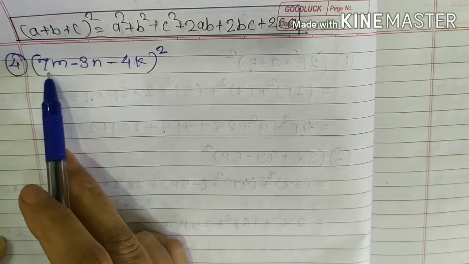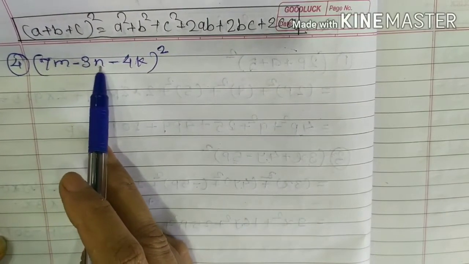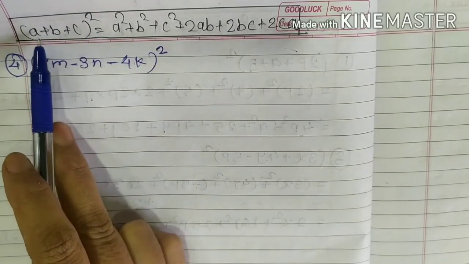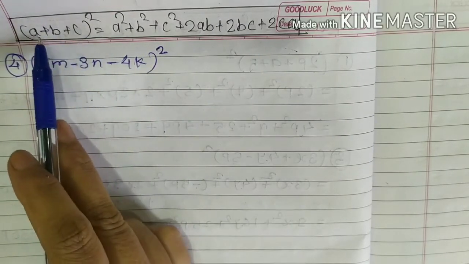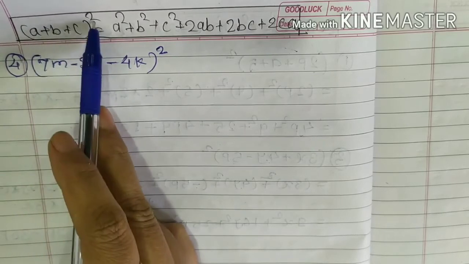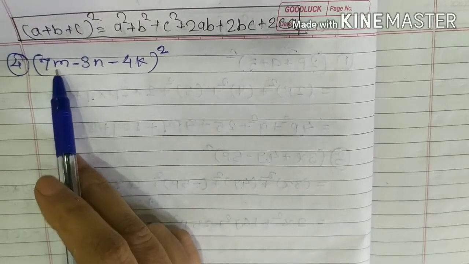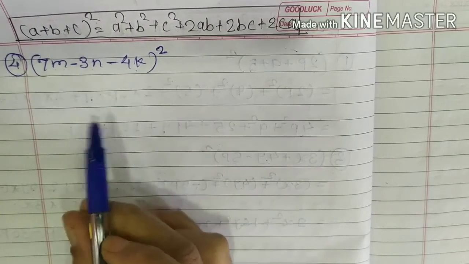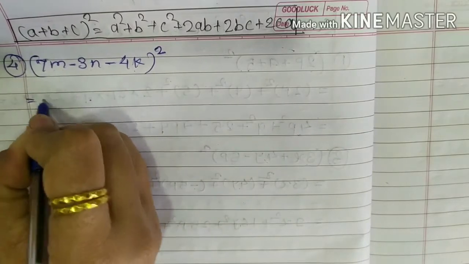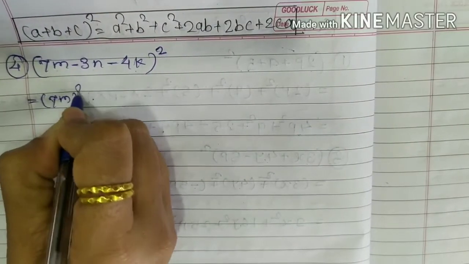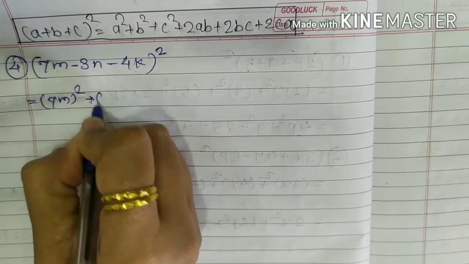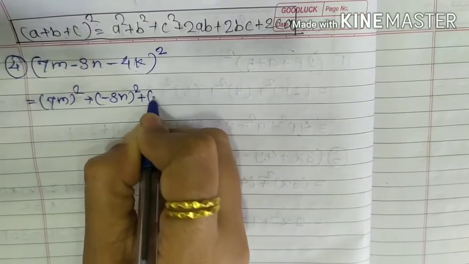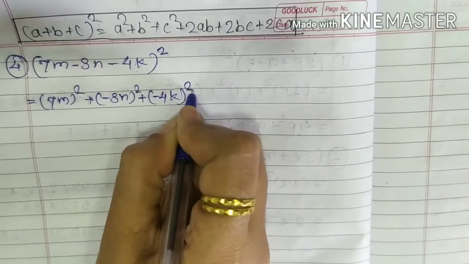Example number 4: (7m − 3n − 4k) whole square. Again we use the formula (a + b + c) whole square. This is a, this is b, and this is c. So first make the squares: (7m) square plus (−3n) square plus (−4k) square.